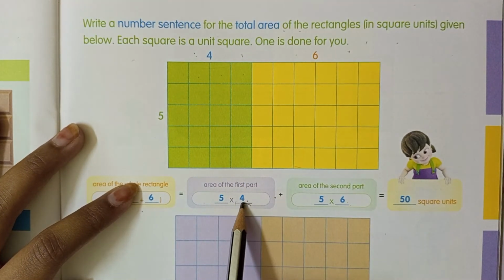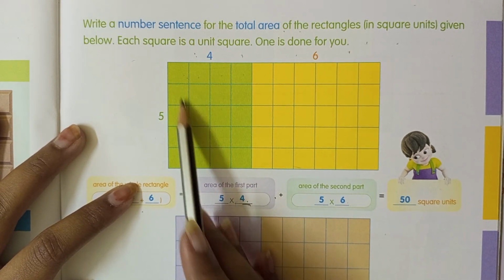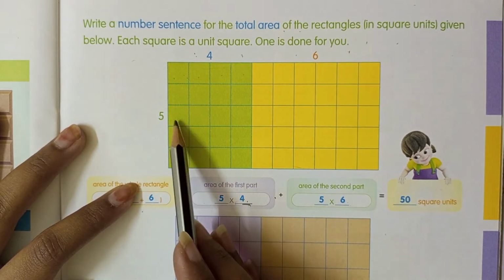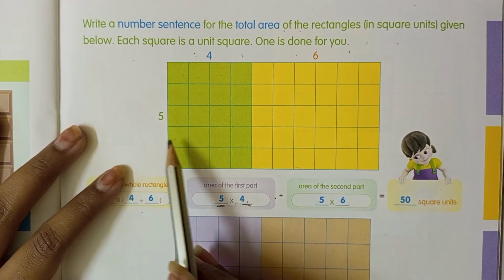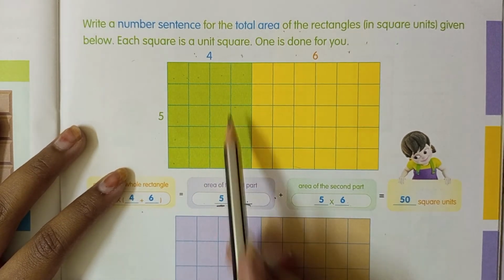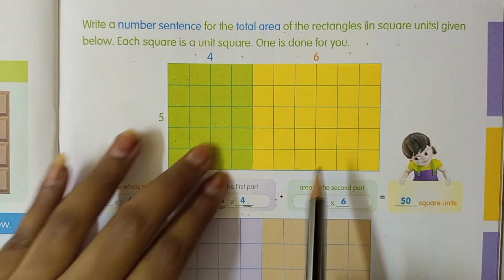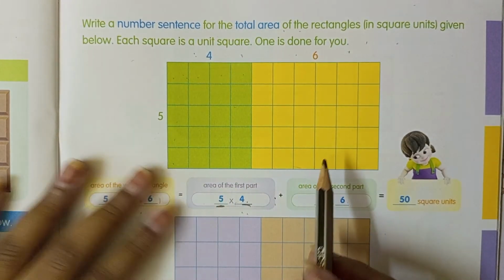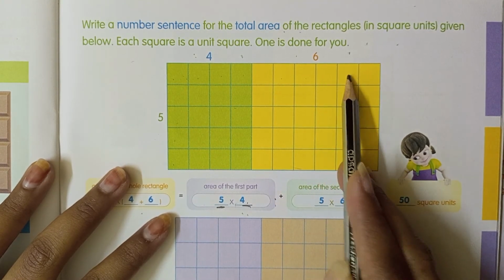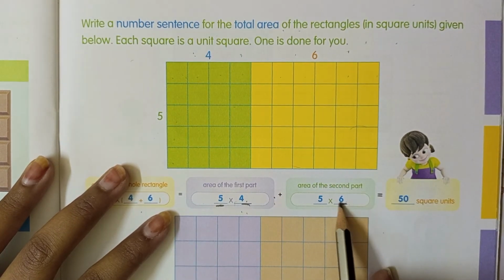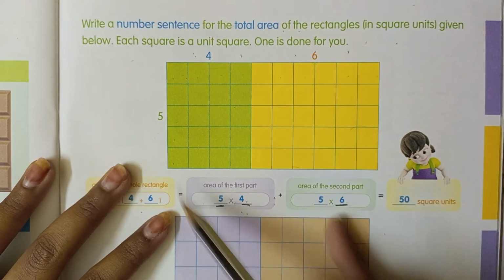How many rows are there here? 1, 2, 3, 4, 5. So 5 into 4, plus, see this side, yellow shade. How many units are there? 1, 2, 3, 4, 5, 6. 6 units. How many rows are there here?